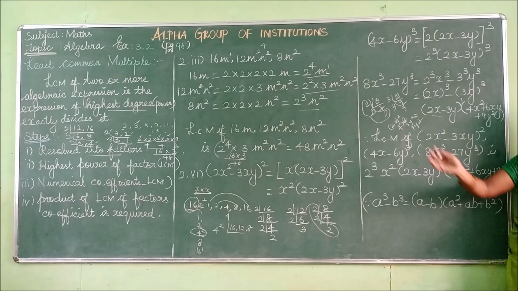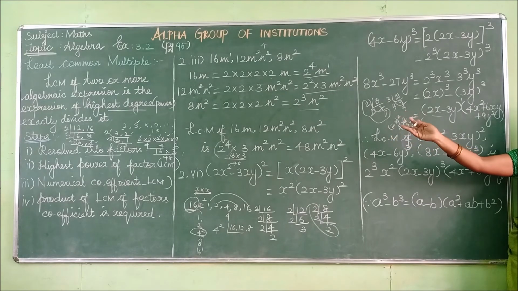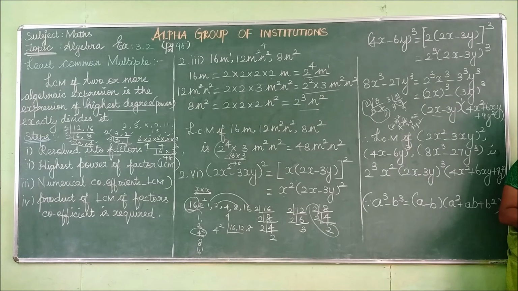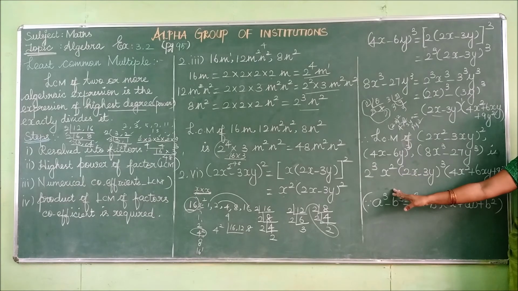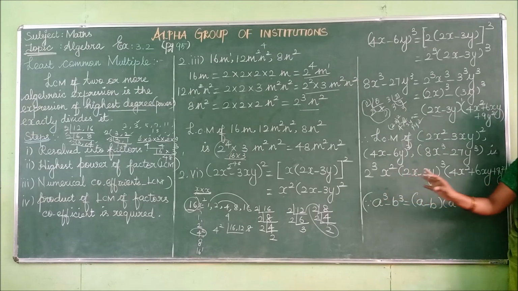So listen here. For simple calculation, you can find the factors for each and every number first. After that, consider the variables. If they are given like this, you have to apply the formula. Afterwards you have to take the LCM values. If there are numbers, you first write that number, afterwards the variable. Here the only number is 2 power 3, and only 1 x squared term in the question. And 2x minus 3y has the highest power 3.